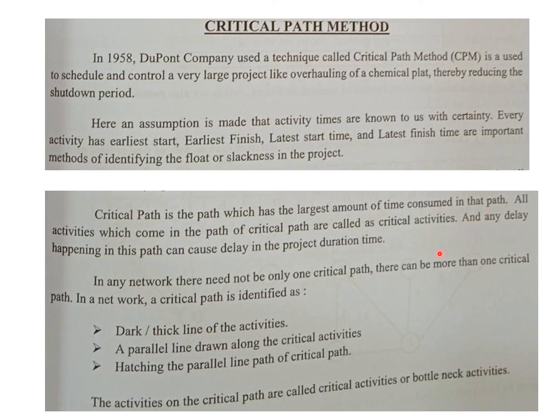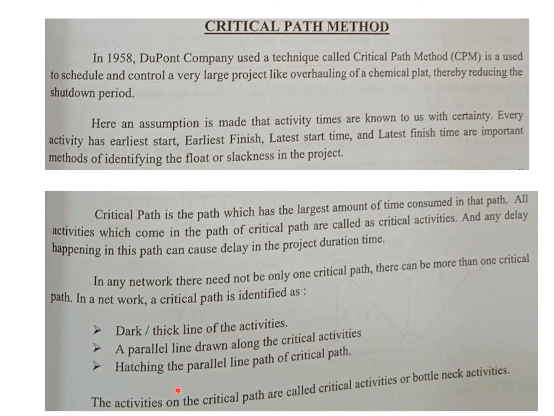In any network, you need not have only one critical path. There can be more than one critical path. The critical path is marked out by a dark thick line or a double line. That is the crux of it.